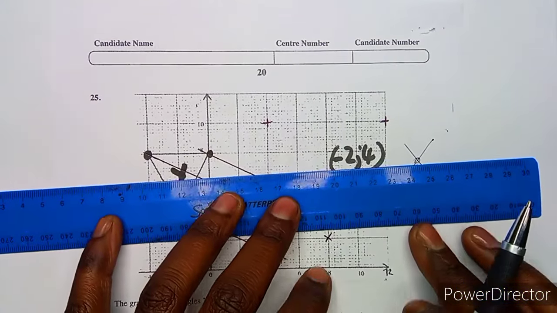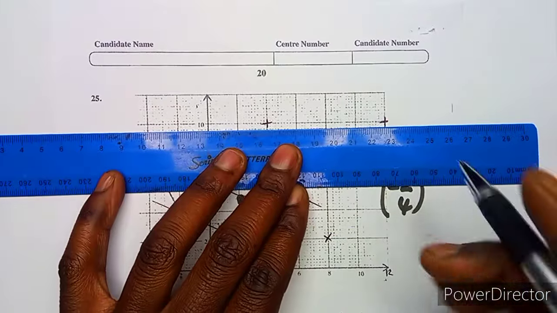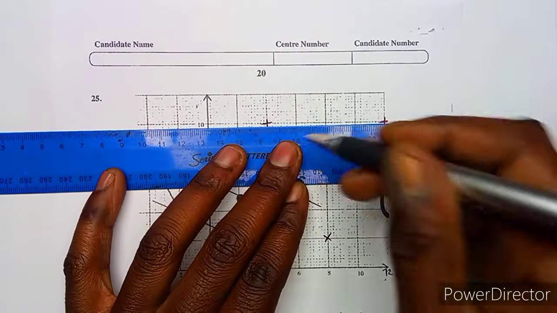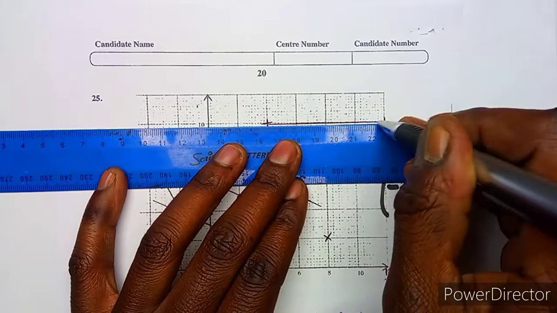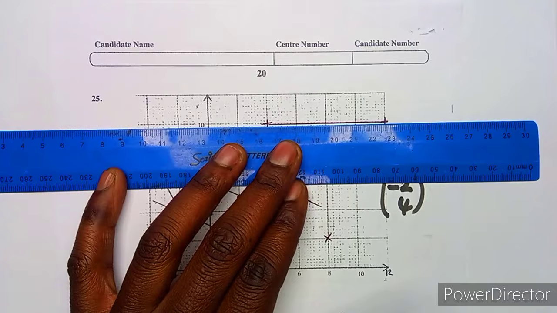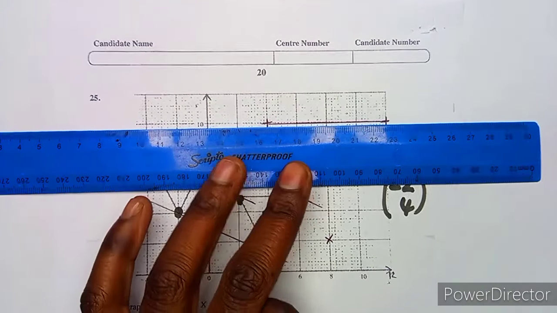With enlargement, if the scale factor is a positive number greater than 1, definitely you are supposed to obtain a bigger image, as opposed to the one I mentioned where the scale factor is a fraction.